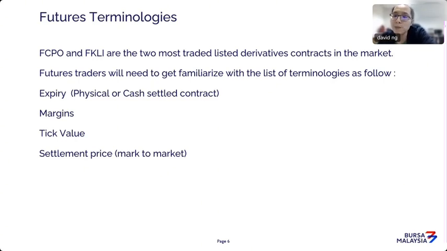Do keep in mind, CPO on the Bursa Malaysia derivatives market is a physically settled contract. The KLCI index futures has a different settlement. It's a cash-settled contract, so there's no delivery. At the end of the last business day, which is the expiry of the KLCI index futures contract, you will automatically be cash settled, and the amount will be transferred to your account.